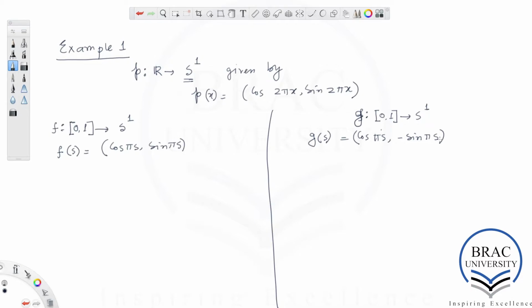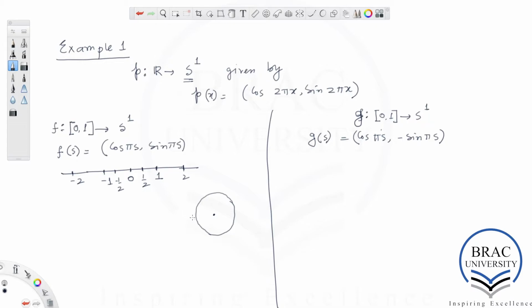Okay, so let me draw a diagram describing the situation. So this is the real line, 0 is the origin, this is 1, this is say 2, this is negative 1, this is negative 2, and then I have 1/2 here, negative 1/2 here, and so on. Now let me draw the path on the circle. So let me draw a circle here.